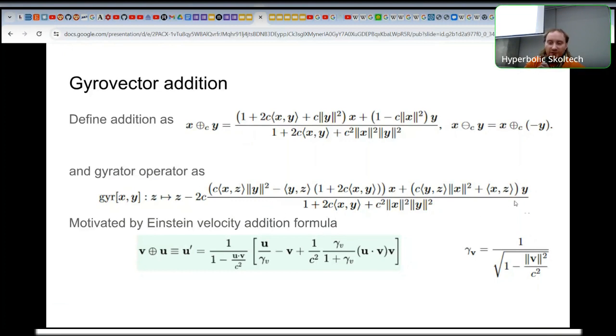For these ones, we have to check it somehow. It's not that complicated to check, but it's some work.